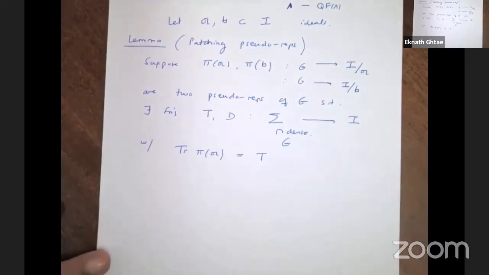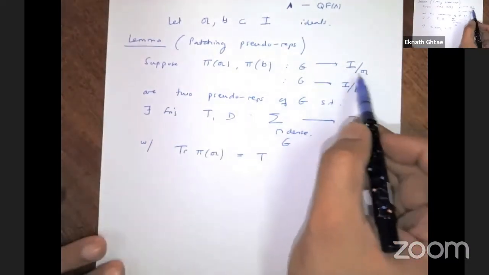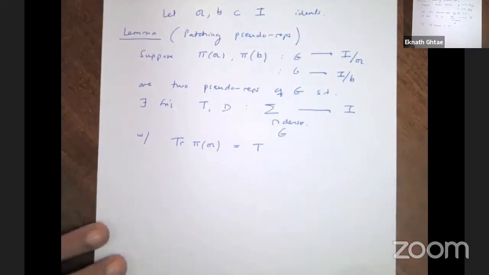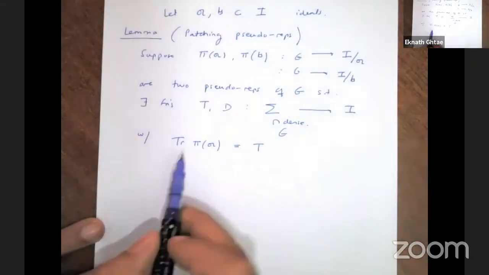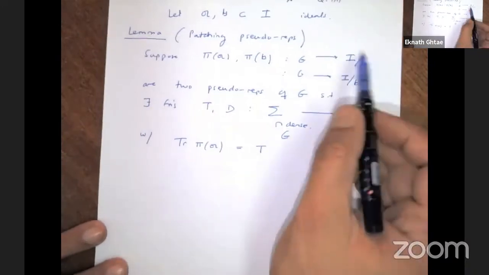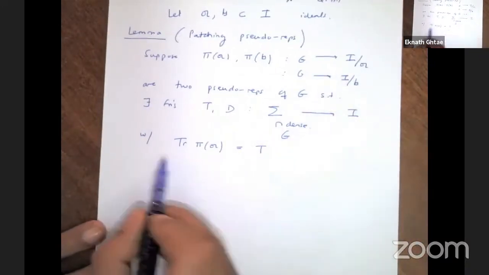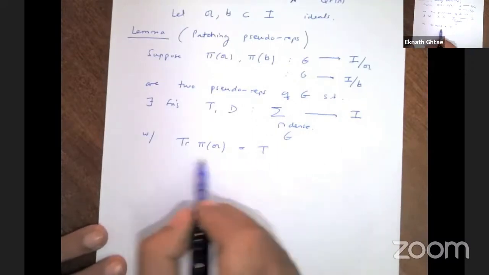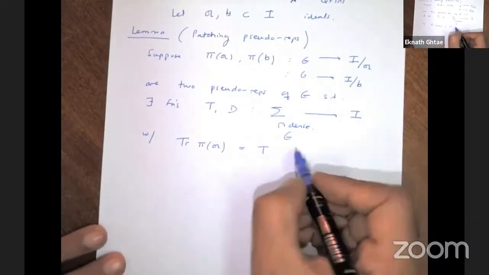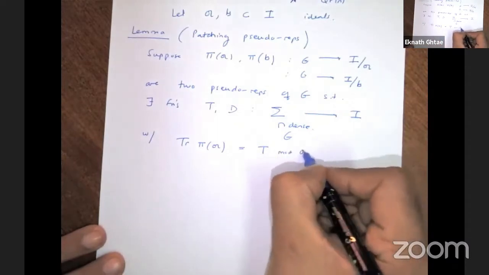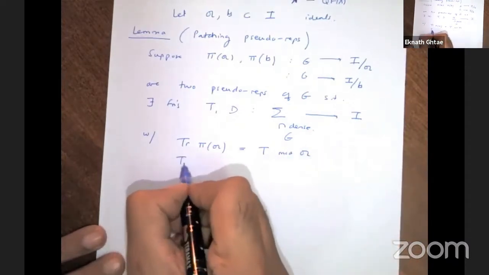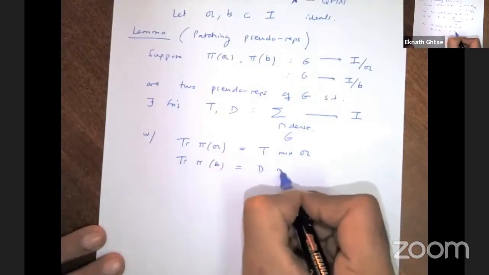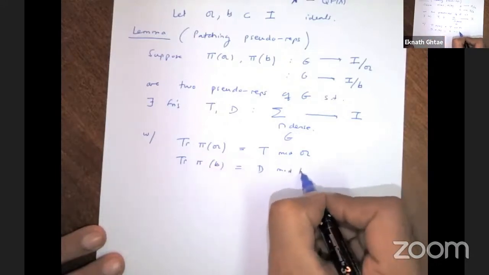It's only when you go modulo a height 2 prime, the maximal ideal, that you get characteristic p. But anyway, the trace of pi of A, which is an element of I mod A, is the a plus d function, so that is just T mod A. And the trace of pi of B is T mod B.